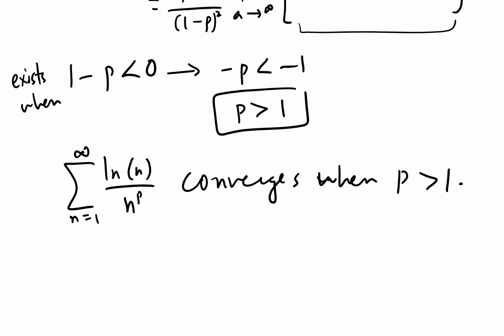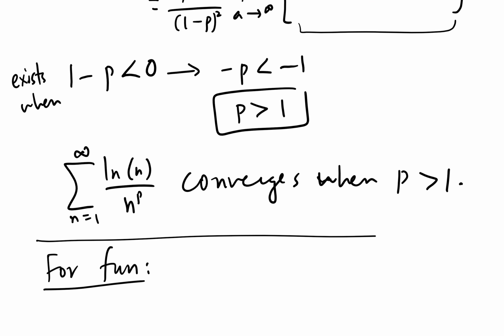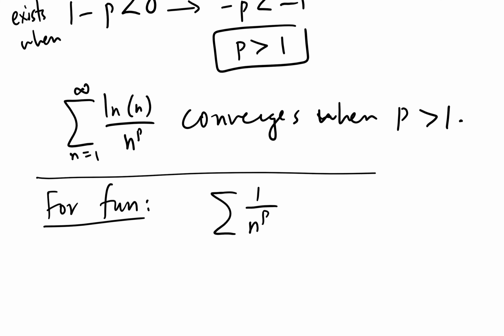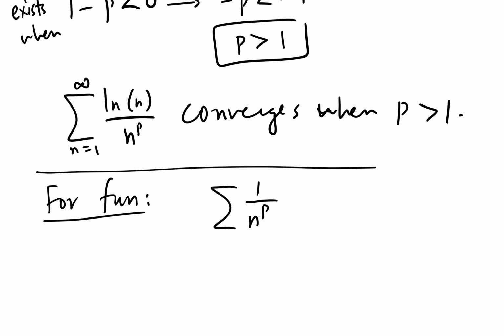Just for fun, as you know, we have been dealing with 1 over n to the p power. There is a mathematician named Euler. What Euler was able to do, and remember back then during his time there was no calculus, nothing, no computers, he found out that if p is 2, he proved that this exactly equals pi squared over 6.